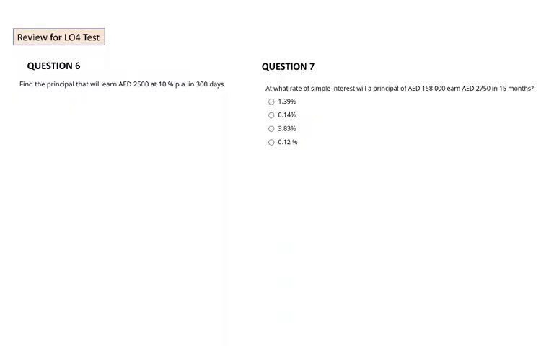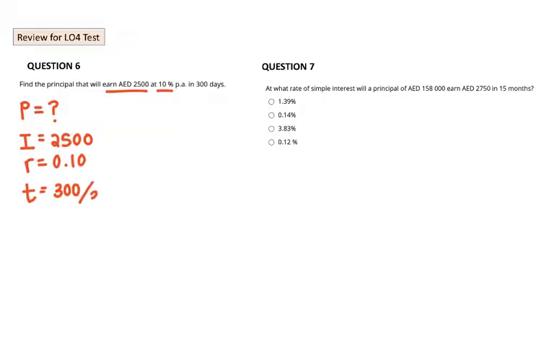Okay, let's look at this next question. Find the principal. So we don't know the P. That will earn $2,500. You always earn interest, so that tells us I equals $2,500. The rate is 10%, 0.10, and the time is 300 days. Remember, we can't just write 300, that would mean 300 years, so we do 300 divided by 365. Now, whenever you are given the interest and you're missing either P or R or T, we create this triangle.